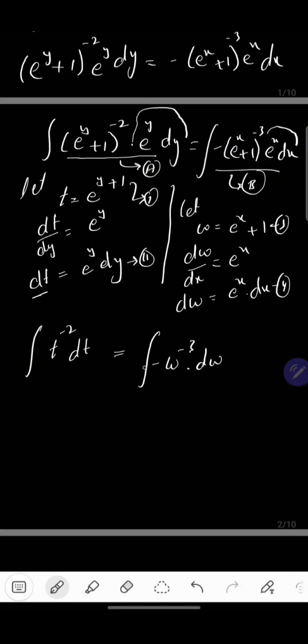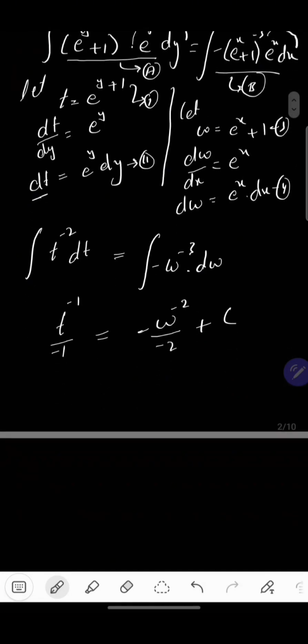Now we can apply integration to either side. On the left side, the integration of t^(-2) is simple: we increase the power of t by 1 and divide by that power. We get t^(-1) divided by minus 1, and on the right side minus w^(-2) divided by minus 2 plus c, where c is the constant of integration.